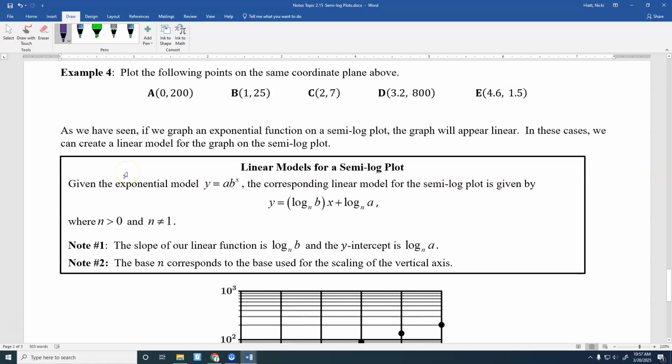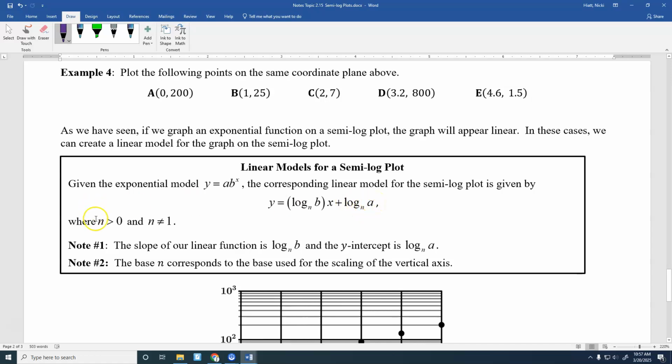Okay, so for a linear model for a semi-log plot, if you have the exponential equation y equals a times b to the x power, the corresponding linear model for the semi-log plot is given by y equals log base n of b times x plus log base n of a.